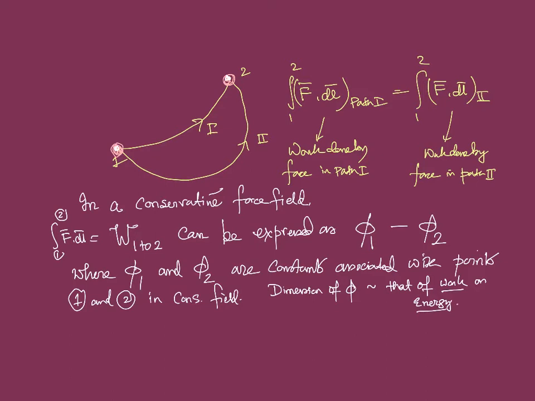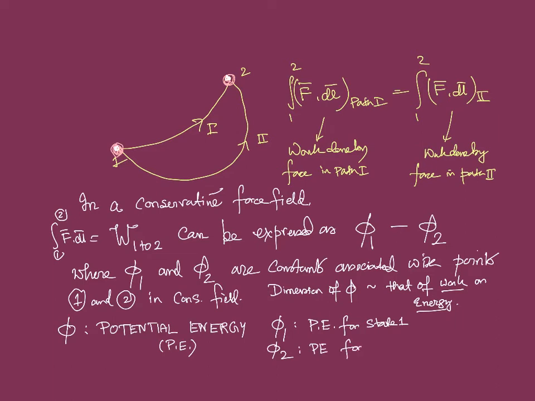So this phi is known as potential energy. That is how we define potential energy. So phi 1 is potential energy, in short form you write PE. Phi 1 is potential energy for state 1, point 1, and phi 2 is potential energy for state 2.